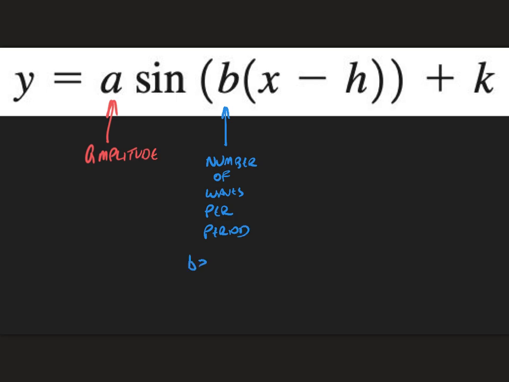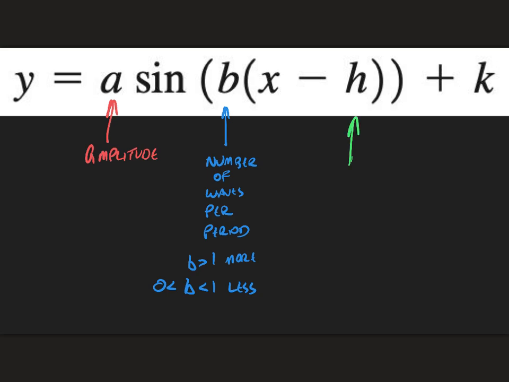If B is bigger than 1, you get more waves per period. If B is between 0 and 1, you get fewer waves per period. Sometimes we'll call it C, but they keep referring to H and K.